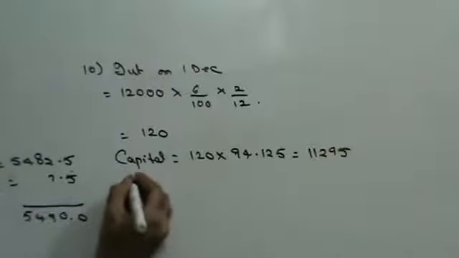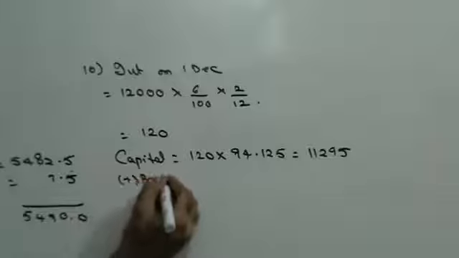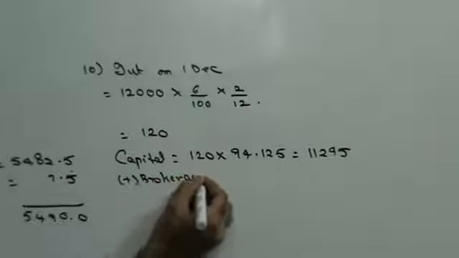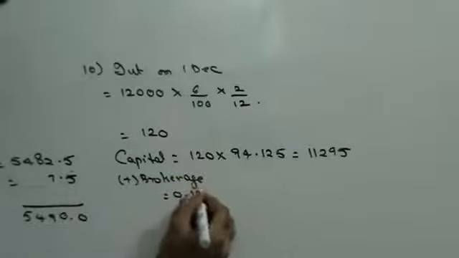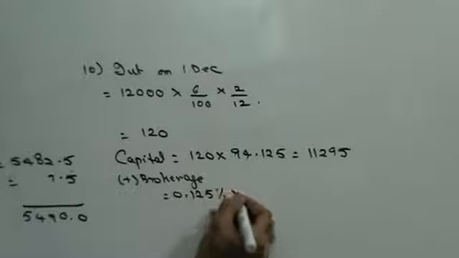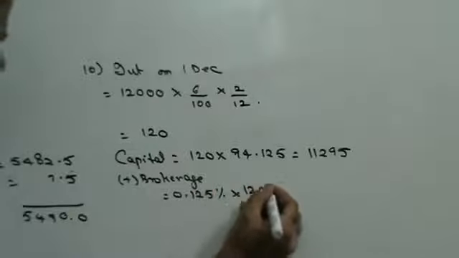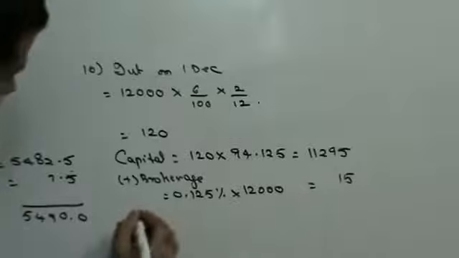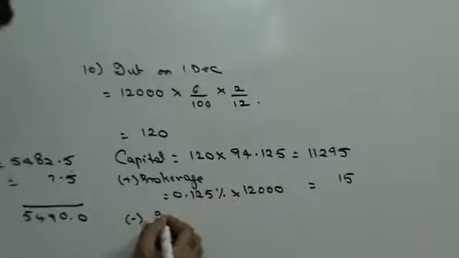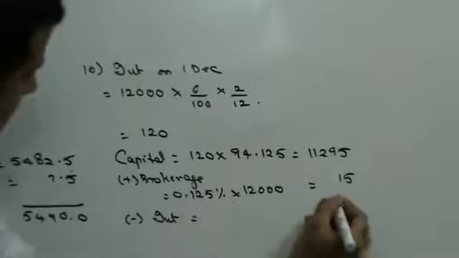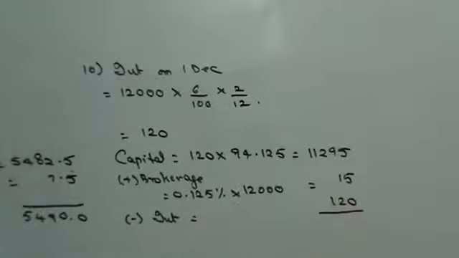Right? Brokerage. You are purchasing. That means you need to add brokerage. Brokerage is 0.125% on my 12,000 figure. Right? 15. Then this is cum interest, so you will less interest. Someone cross check please.